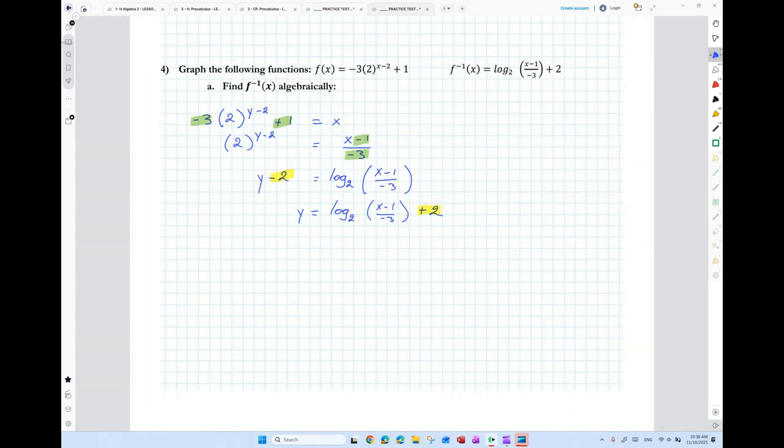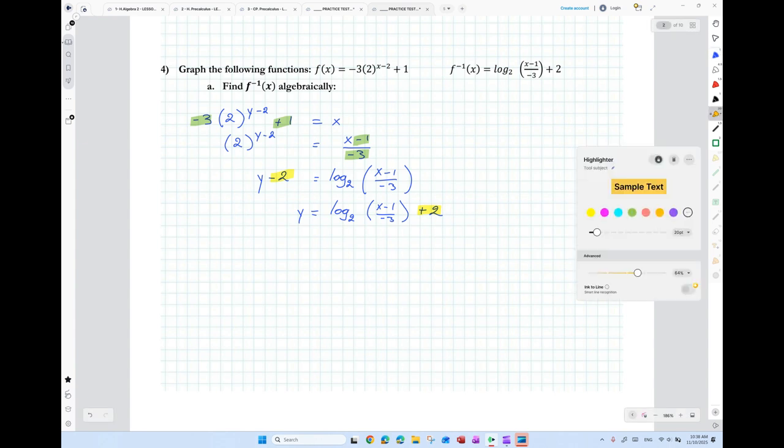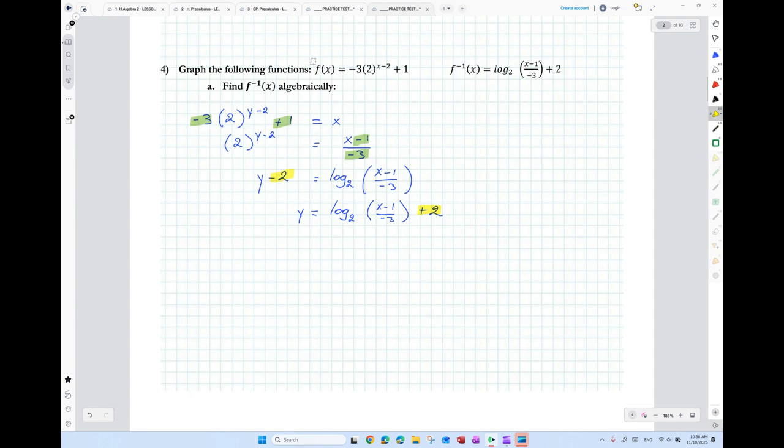Now, to graph those two functions, I'm going to first start with the function y equals f of x, because it is in its transformed version with a, h, and k.